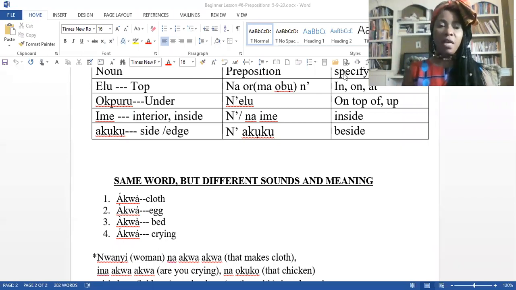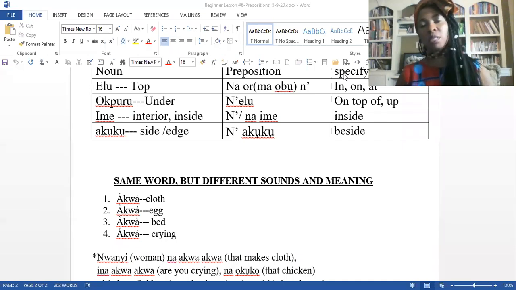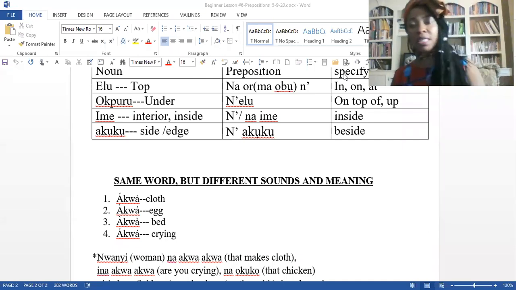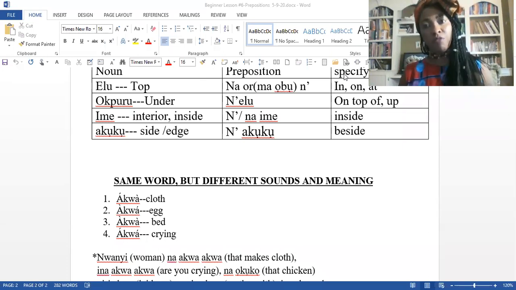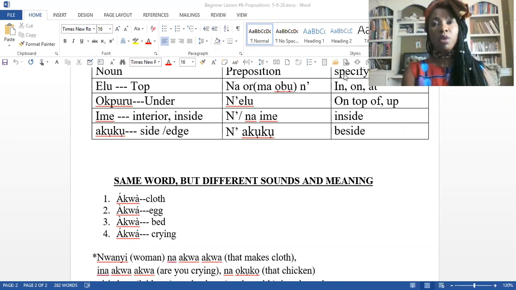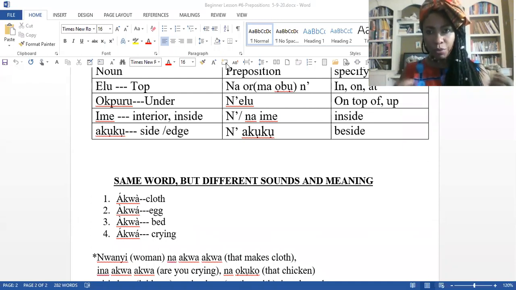Today we have, I think we did prepositions last time before we did the Igbo phrases, some common Igbo phrases. But we're going to finish up using some Igbo words like adverb, verb, and then try to make some sentences joining them with the preposition.